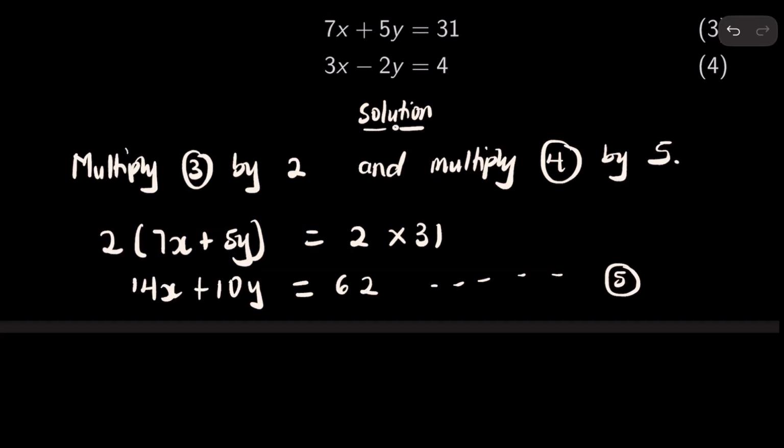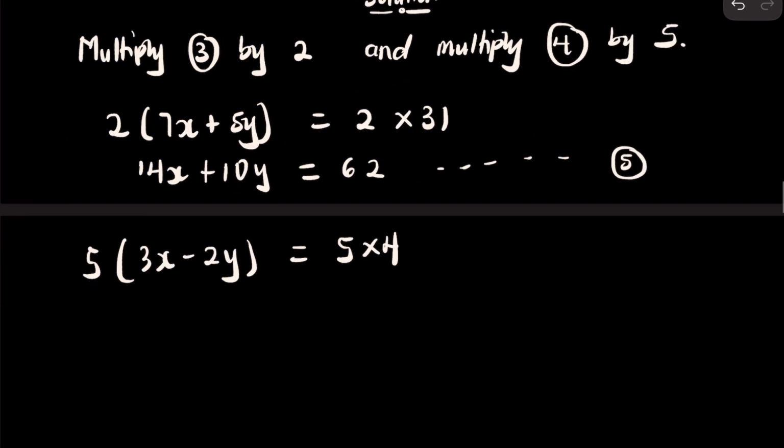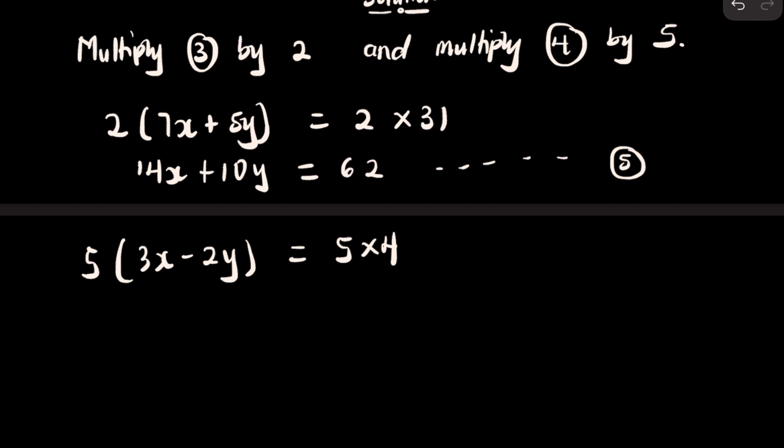Then we now multiply equation 4 by 5. So we are going to have 5 times 3x minus 2y is equal to 5 times 4, right? So simplifying this, we are going to have 5 times 3x and 5 times minus 2y, right? So that's going to give us 15x minus 10y is equal to 5 times 4 is 20.